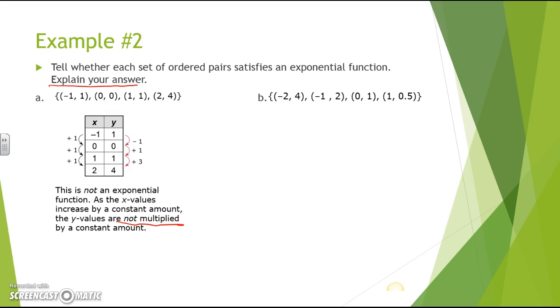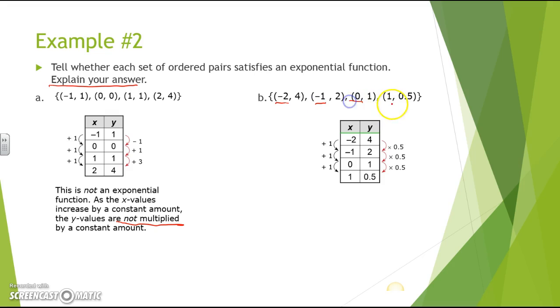Let's look at the next example. Again, we'll set up these ordered pairs in a table. If you look at the ordered pairs, my x's are -2, -1, 0, and 1. Then when I write my y values, it's 4, 2, 1, and 0.5.